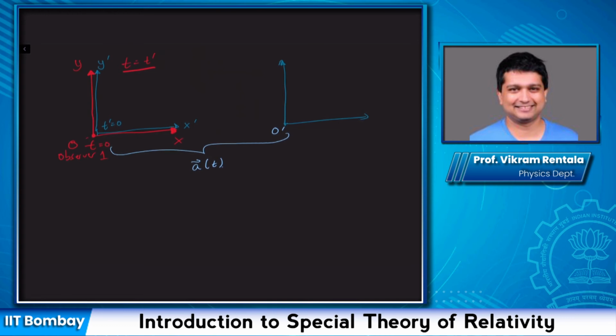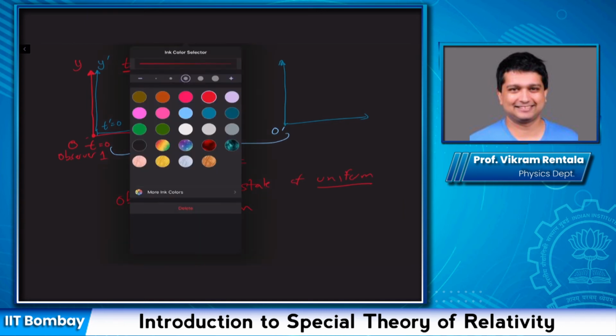So observers in a state of uniform relative motion. By uniform relative motion, what we mean is we won't just assume that a bar is any arbitrary function of time, which means that the second set of coordinates is not moving in an arbitrary jerky way as it moves forward, but rather it is something like this.